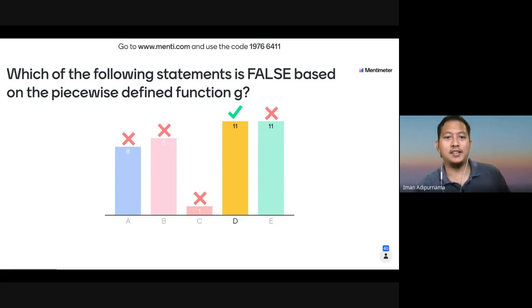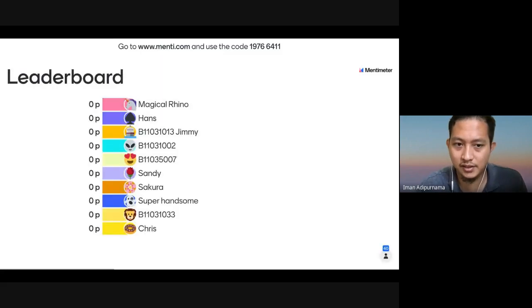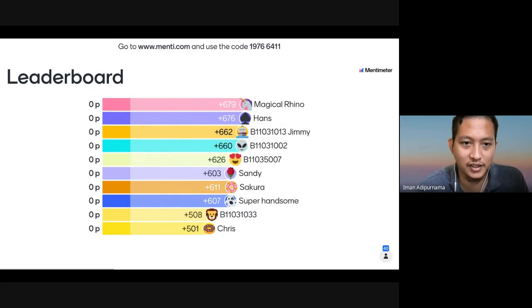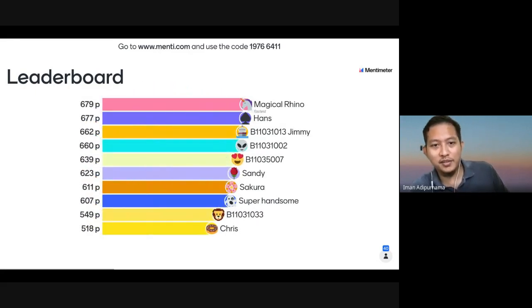Whoa, okay. For E, you need to be careful. It is continuous from only one side, right? So that's actually true. The false one is D. If you win the game, you need to give me your student ID. Okay, the next one.